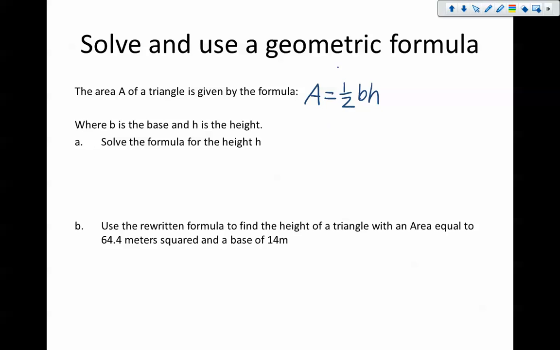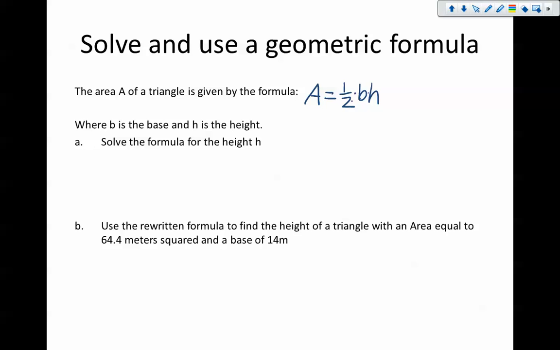Okay, so what are we going to do? Well, notice the operations that are happening here. This is 1/2 times b times h. So we need to move everything over if these are all multiplying together. So what I want to do first is let's get rid of the 1/2.